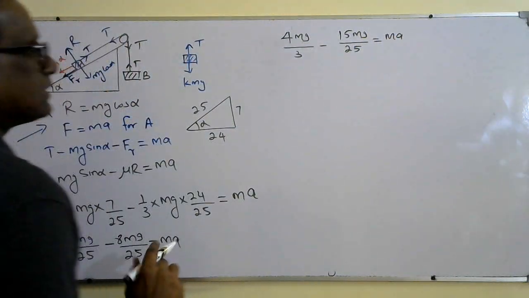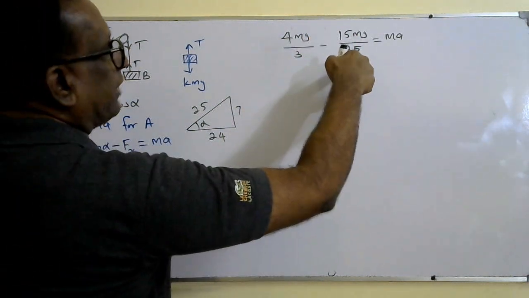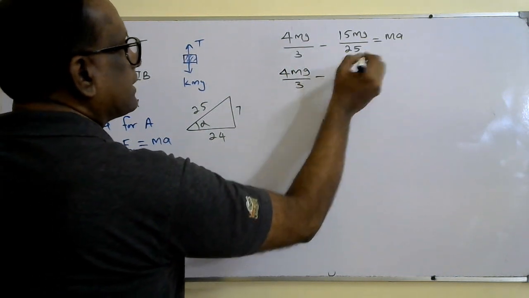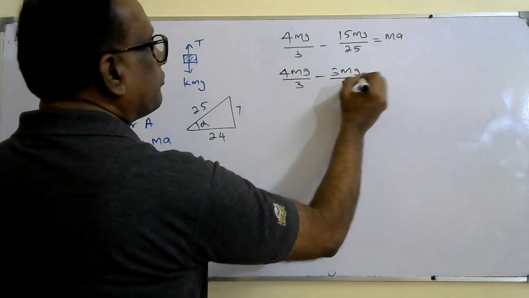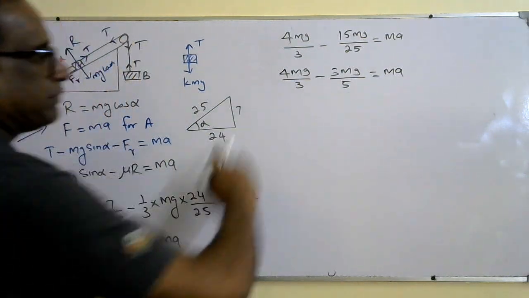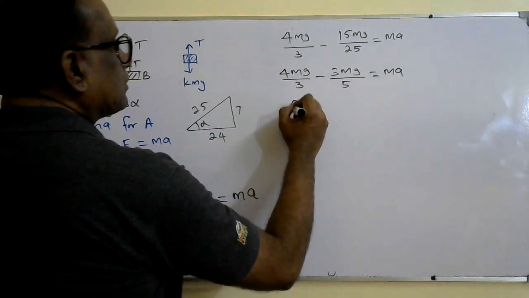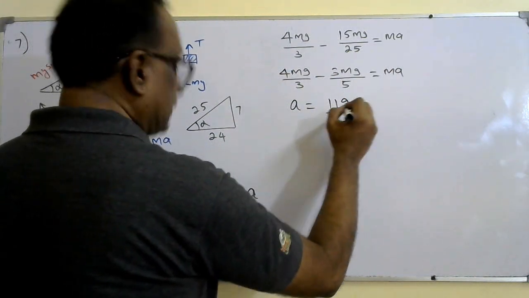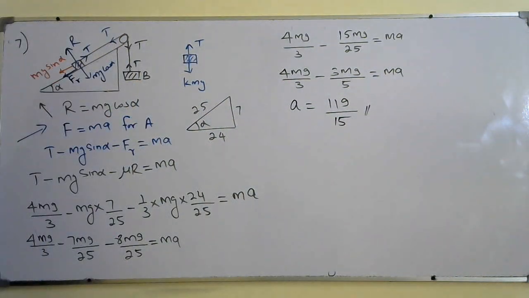All of them can get cancelled, so this could be written as 3mg/5. So 4mg/3 minus 3mg/5 equals ma. Solve it, the m will get cancelled. LCM take it as 15 and solve it. You will get a equal to 11g over 15. That's the acceleration. Okay.